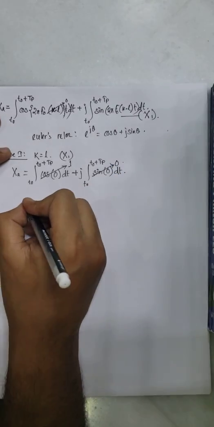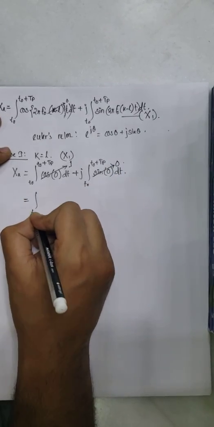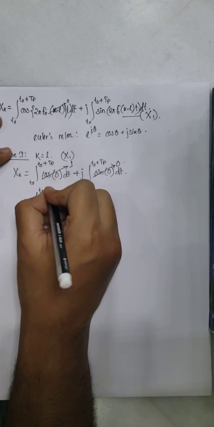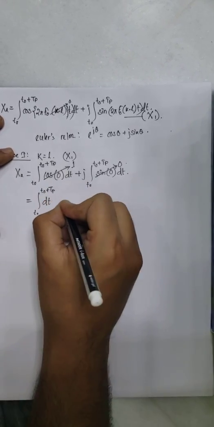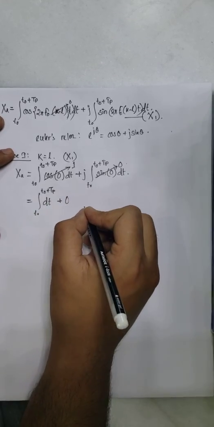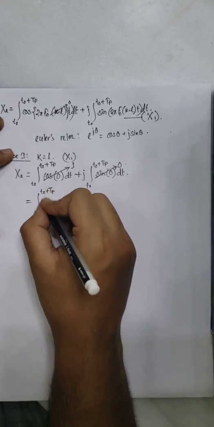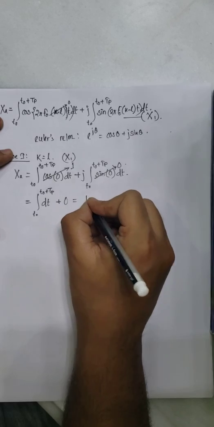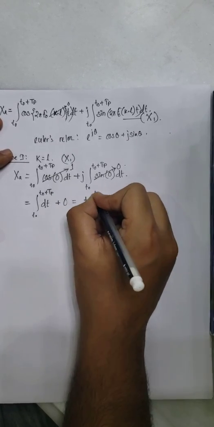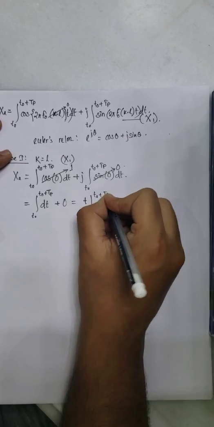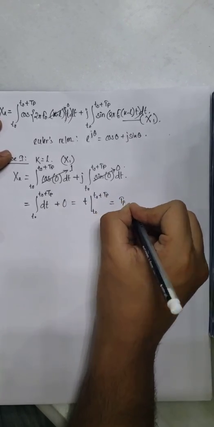Hence, the integral becomes the integral from t naught to t naught plus Tp of dt plus 0. That is, if this is integrated, we get t, and the range is t naught to t naught plus Tp, which is Tp.